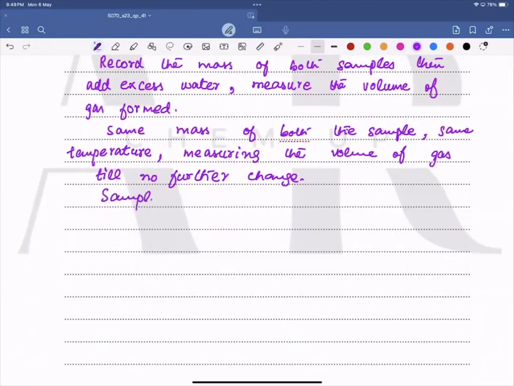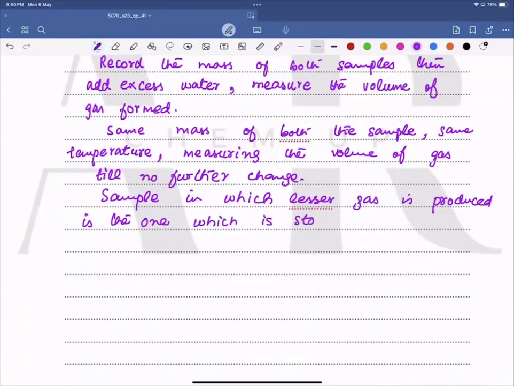The sample in which lesser gas is produced is the one which is stored for a longer time.